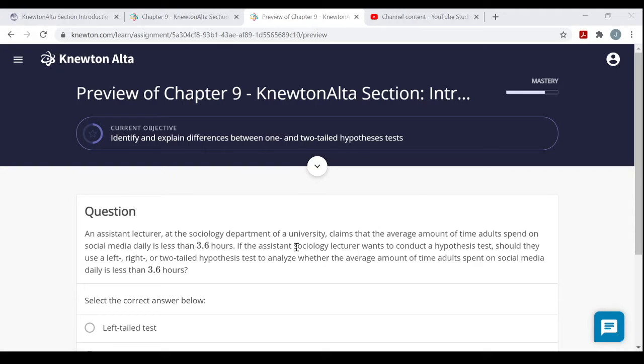If the assistant sociology lecturer wants to conduct a hypothesis test, should they use a left, right, or two-tailed hypothesis test to analyze whether the average amount of time adults spend on social media daily is less than 3.6 hours? So this is about an average, about a mean.